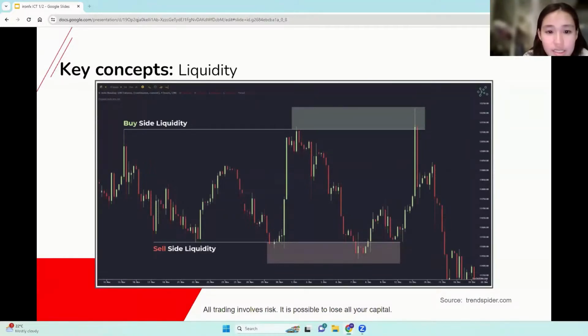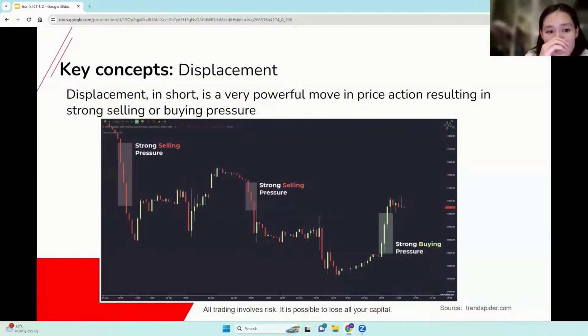Okay, next, let's look at displacement. Displacement, in short, is a very powerful move in price action, resulting in strong selling or buying pressure. Generally speaking, displacement will appear as a single or a group of candles that are all positioned in the same direction.